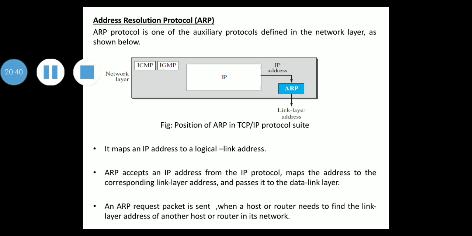Now, the ARP request packet: whenever a host or router needs to find the link layer address of another host or router in its network, it sends an ARP request packet.